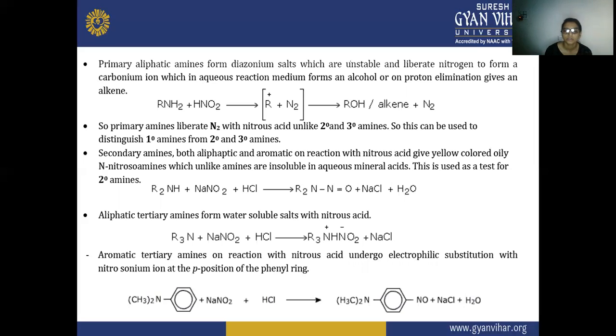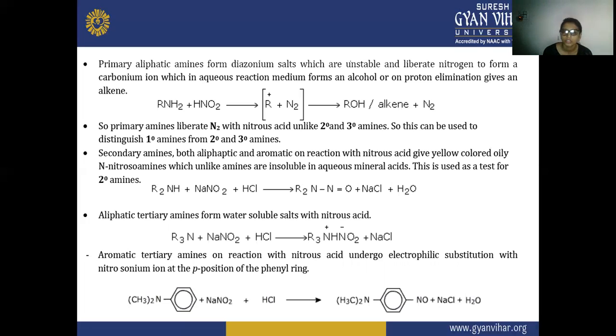Here you can see this is your primary aliphatic amine, and when it reacts with nitrous acid, there is a formation of an alcohol or alkene, and nitrogen gas and water. The diazonium salt is unstable and liberates nitrogen, and there is a formation of a carbonium ion. So this R has a positive charge, forming a carbonium ion, which in aqueous reaction medium forms alcohol or on proton elimination gives alkene.